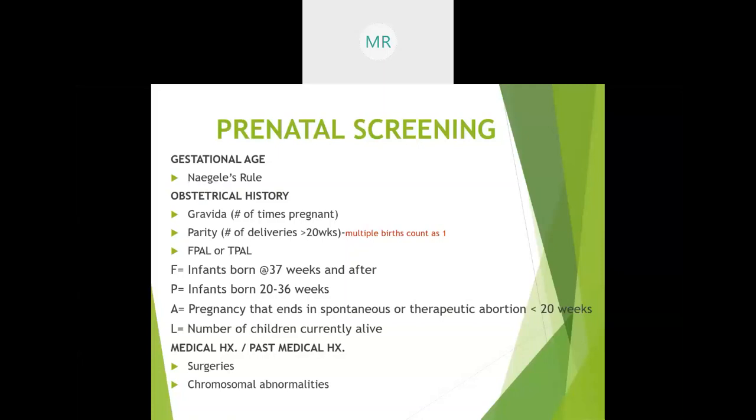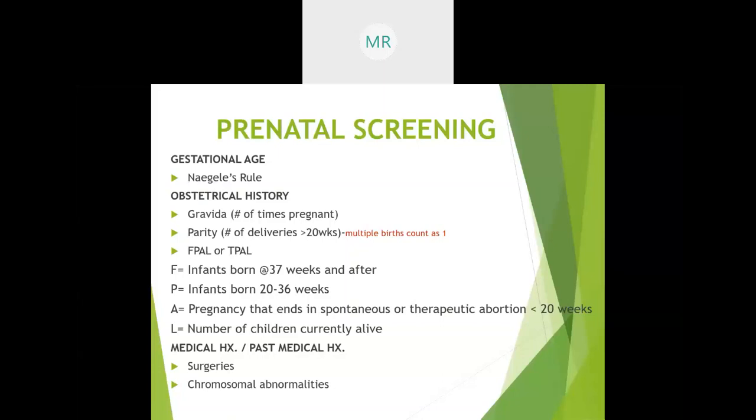What they're doing is trying to find out the parity. There is an acronym, FPAL or TPAL, and that's all talking about the deliveries. So T for full term, P for preemies, A for abortions, and L for living.